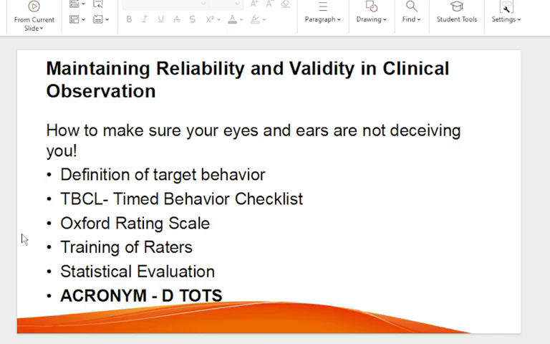So once you've trained these raters, they are able to do their research independent of supervision, and then it allows you to be rest assured that they are capable of carrying out observation, and whatever observation they make would be reliable and valid to an extent. Now, last on the list, we have statistical evaluation, which is the backbone of the scientific process.